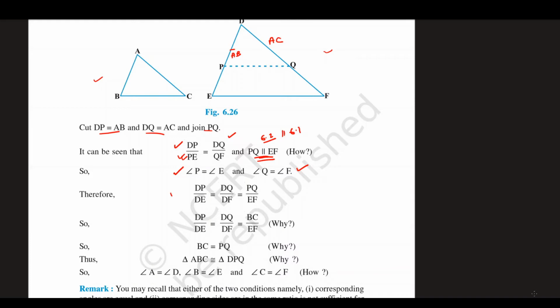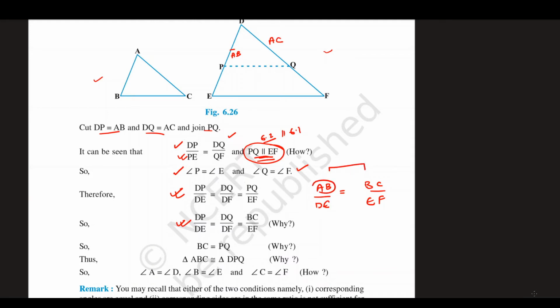Then we can write this also, because PQ is parallel to EF. We know that AB upon DE is equal to BC upon EF, because of the first condition before starting the theorem, that the corresponding sides are in proportion.